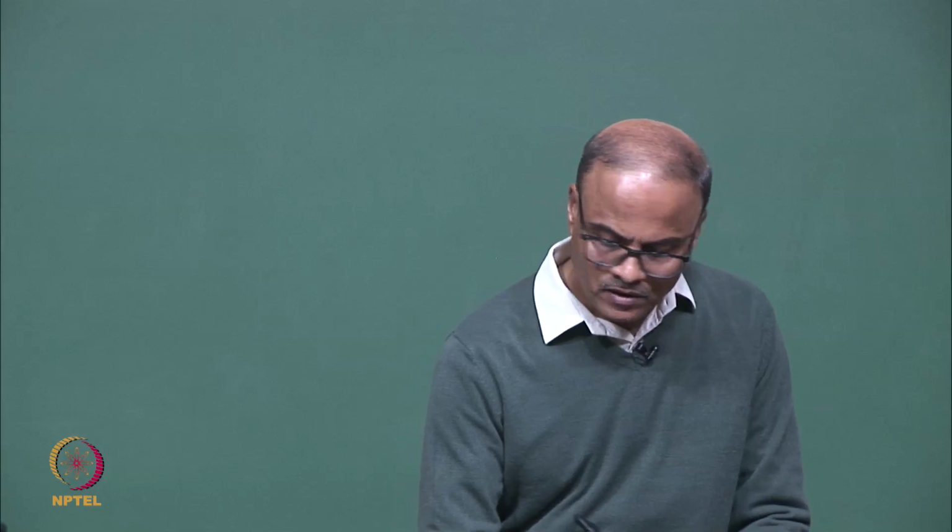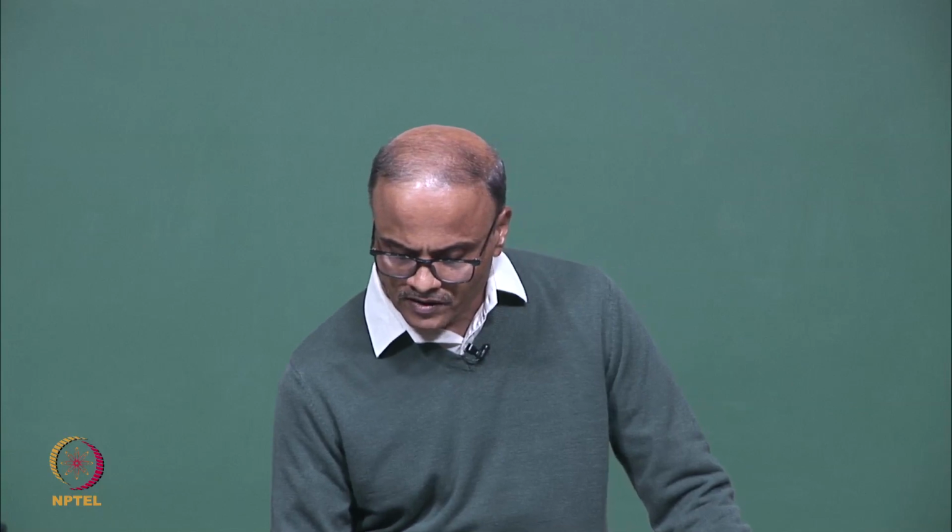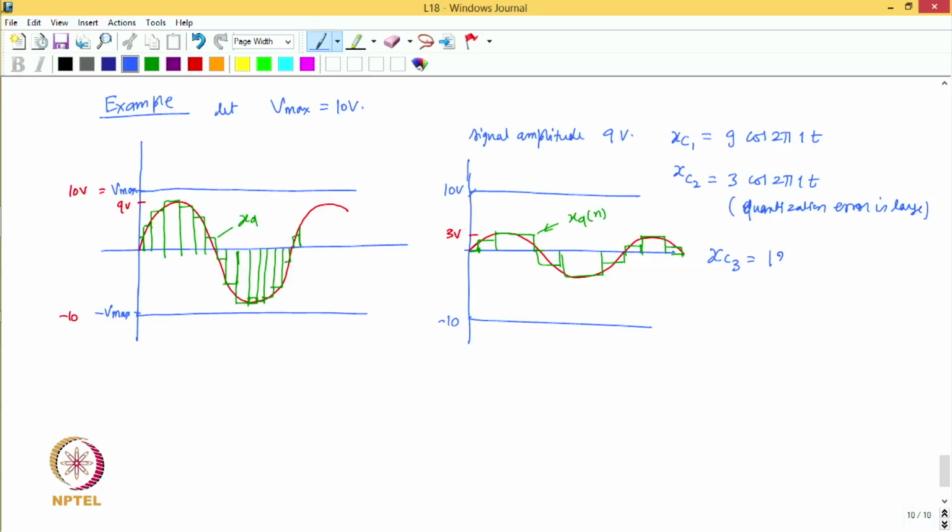Let us take another example. Let us take another signal xc3, and let us say the level here is 12 volt cos 2 pi 1 t, and let us try to sketch what kind of quantization this would result in. So, let us say this is 10 volts, minus 10 volts, and let us sketch the signal here now. Now, the signal amplitude is more than 10 volts, something like this.